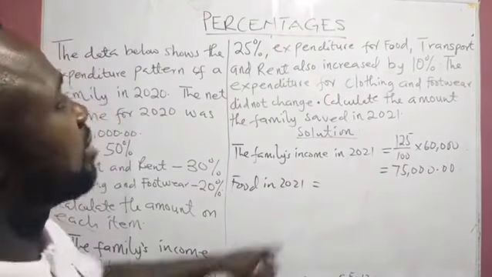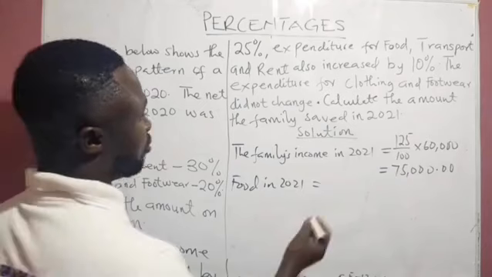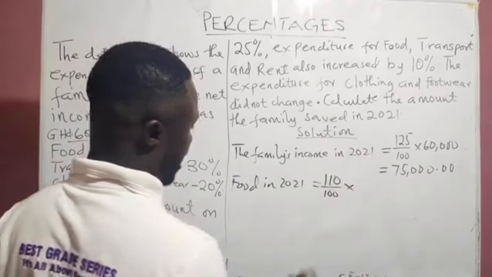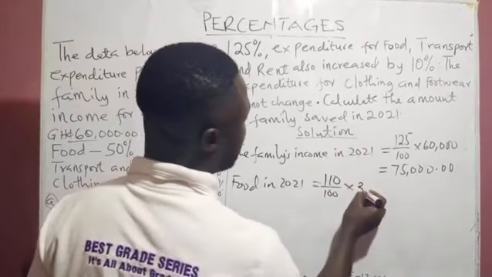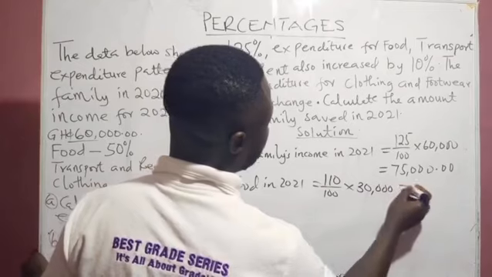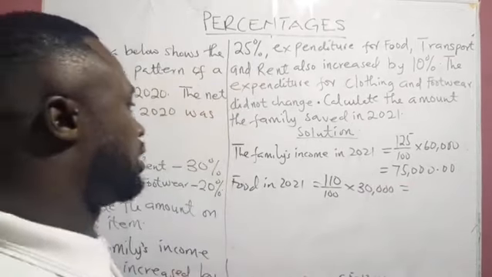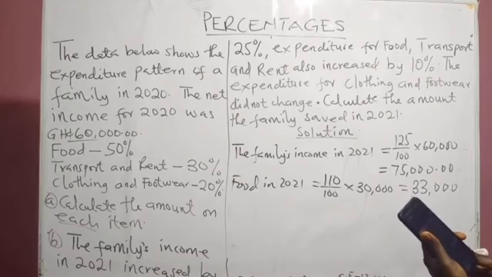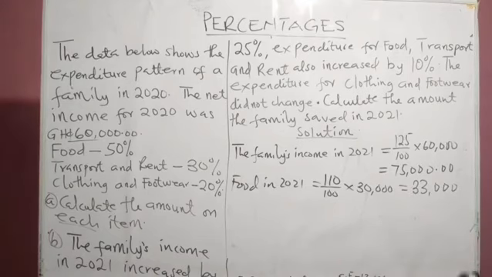If it has increased by 10%, it becomes 110 over 100 times 30,000. So the 30,000 is 100%, and we are looking for the value of 110%, which is 33,000.